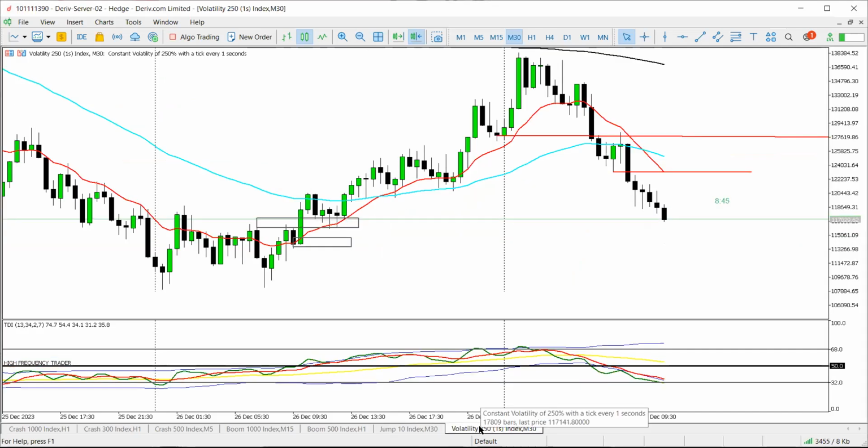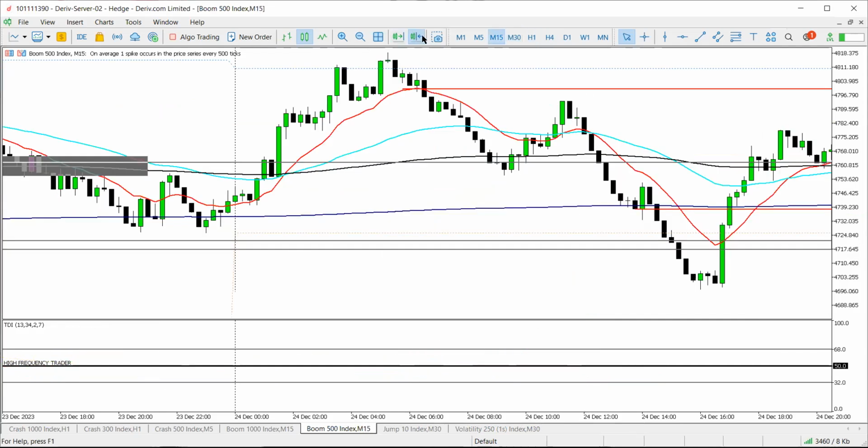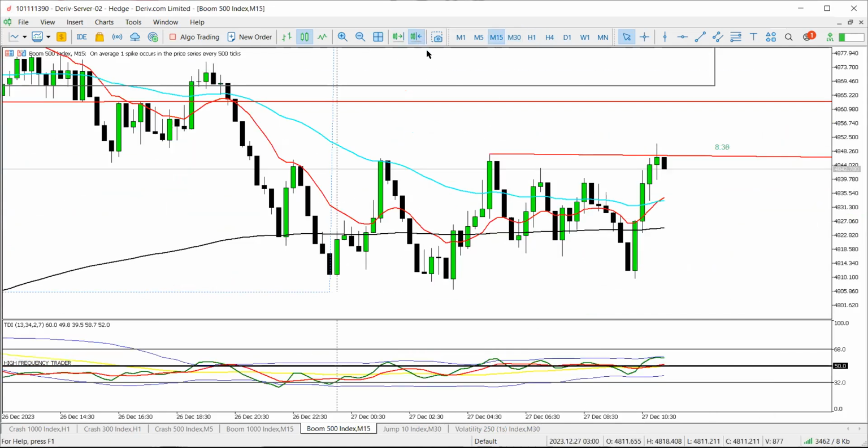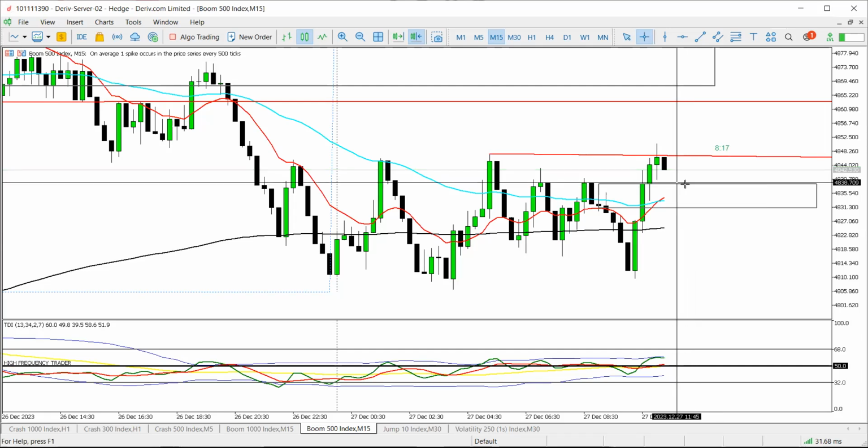Same as V250, it is probably a trade for later. B500, we can stalk it right now and just see what they want to do. Where can they potentially give us a trade here? Maybe here. Right, this is M15. 4839 is a potential point of entry.